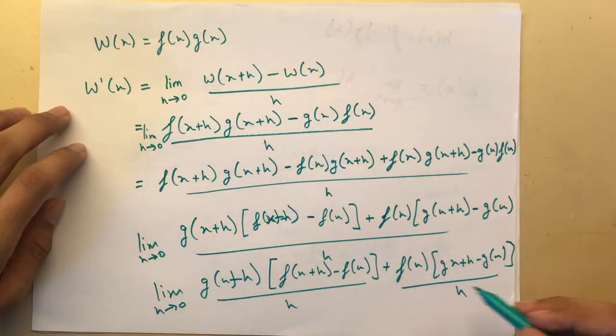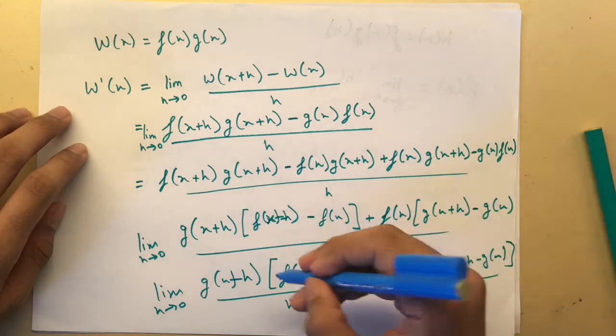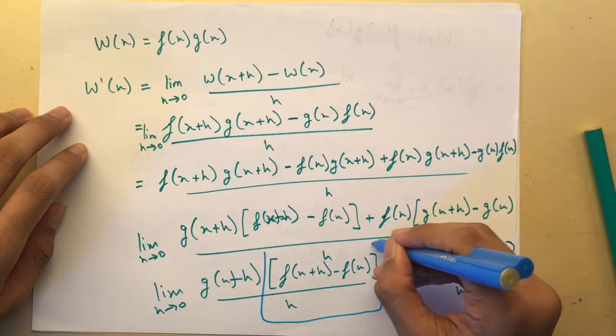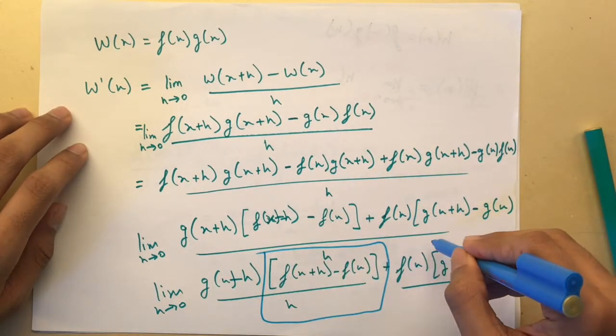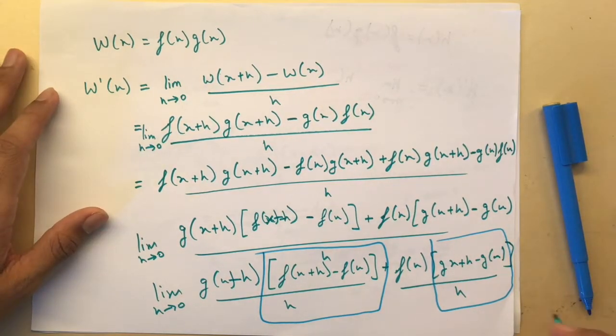So this becomes two separate terms. And this, I'm going to mark it with blue, is actually just the derivative of f. And this is actually just the derivative of g.